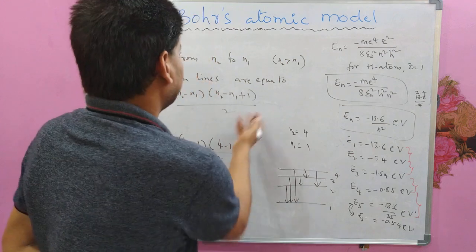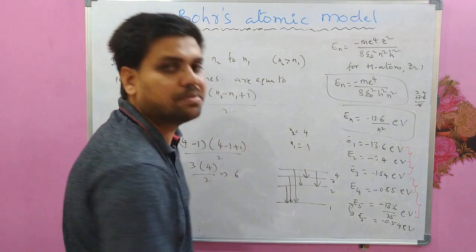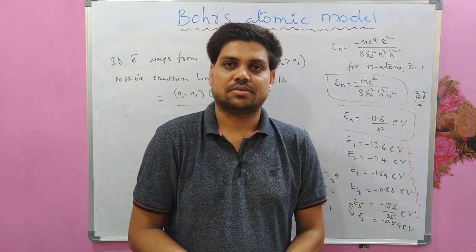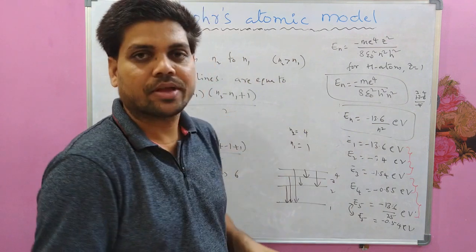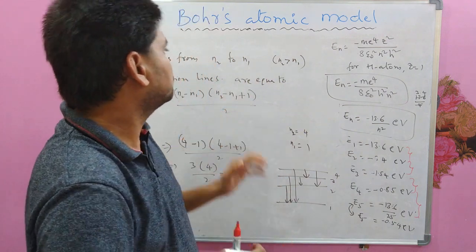So this is how we write this number. The maximum possible emission lines will be this: N2 minus N1 into N2 minus N1 plus 1 by 2.